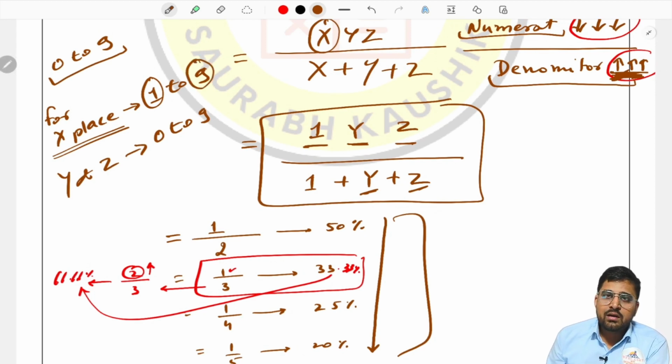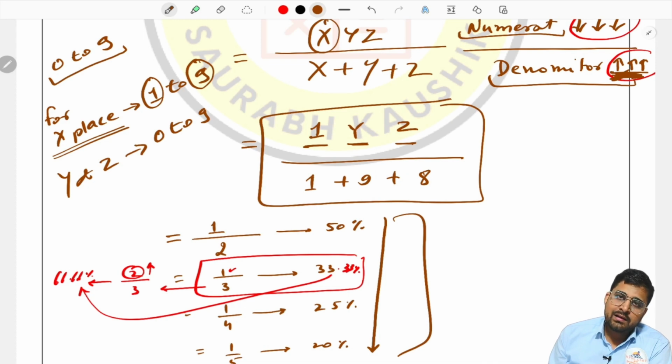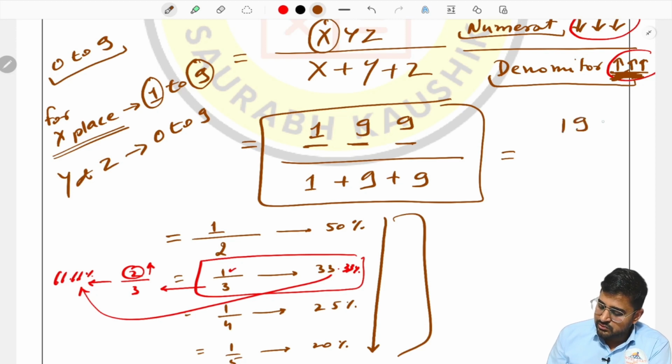And the question does not restrict us from repeating. If the question restricted us from repeating, then we would make 9 here and 8 here. But they didn't ask, so we put 9 at both ends. Now the number becomes this. So the question is basically asking 199 divided by 19.